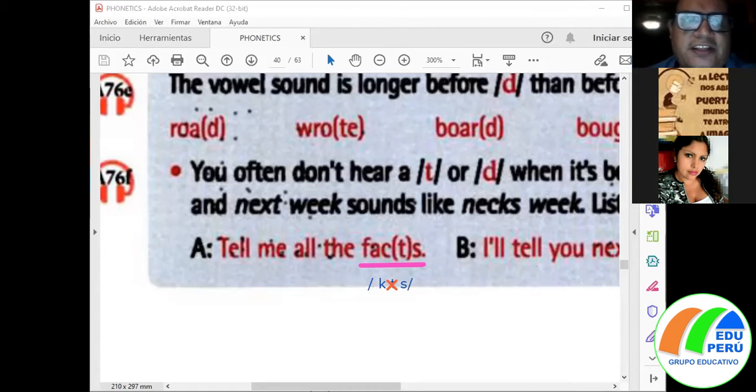That's why this is similar to the word facts. So you're going to produce these two words in the same way, because in the first word you omit one sound since you have three consonants, ka, ta, s. So you omit the middle consonant, in this case the consonant ta. Now, let's pass to the other.